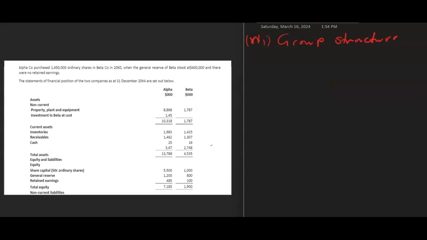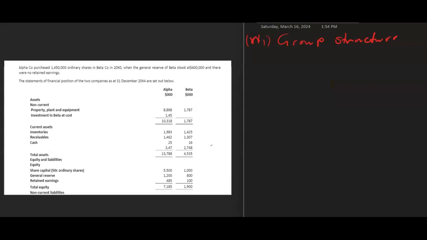Group structure. Now we are being told that Alpha Co purchased 1,450,000 ordinary shares. When we are finding the group structure, here we are just seeing that there is only one company involved as a subsidiary. So it's a vertical structure, but of just one subsidiary.